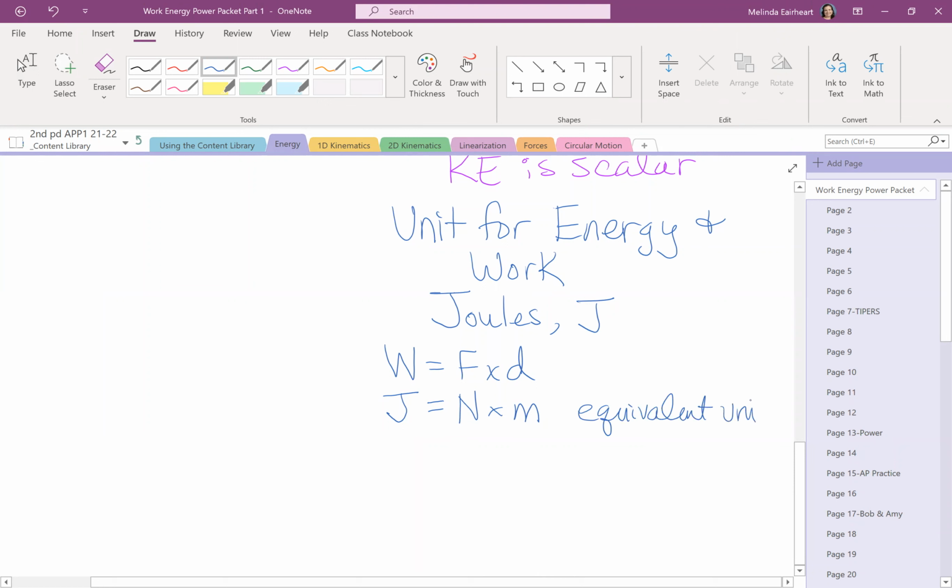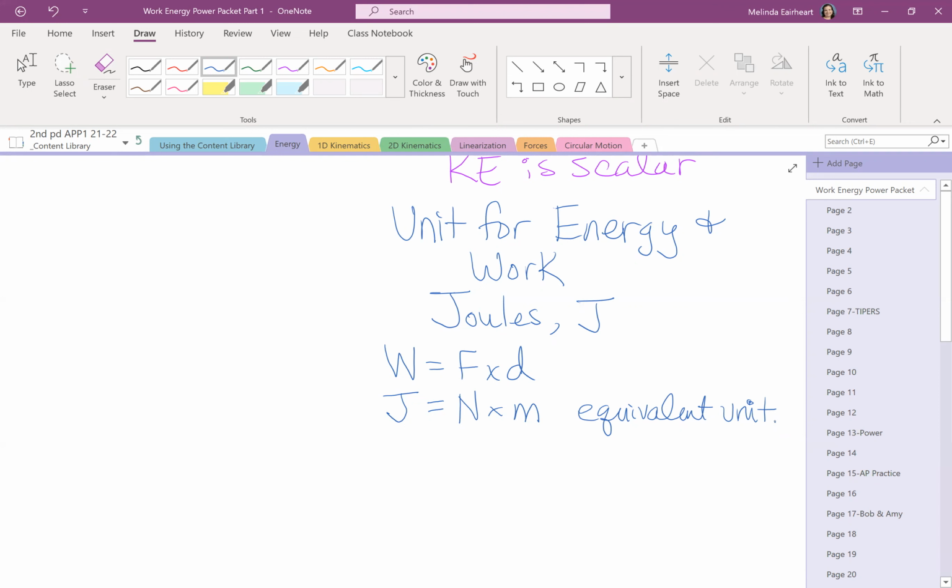Maybe on the free response portion of the AP exam you won't have to worry about units, but sometimes they do ask equivalent questions, typically in multiple choice. Which of the following is equivalent to a joule? A Newton meter, a Newton per meter, a Newton squared meter, or some other wrong combination. It's a Newton times a meter. That's equivalent to a joule.